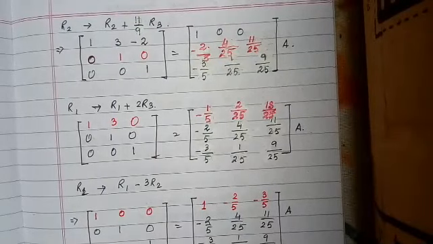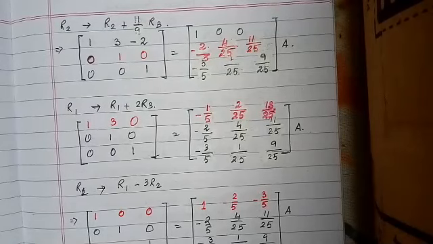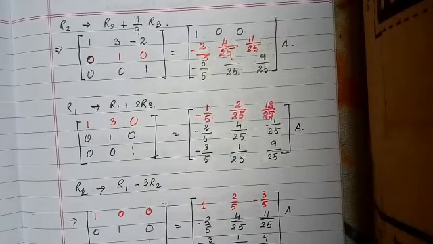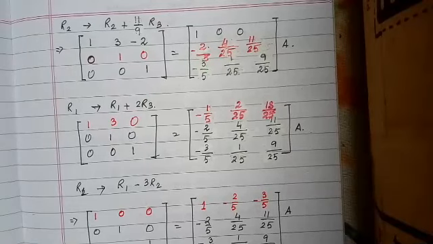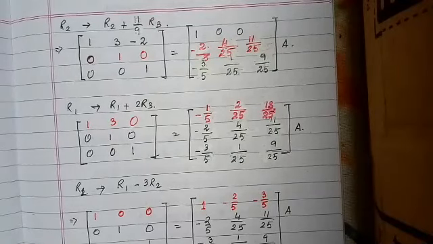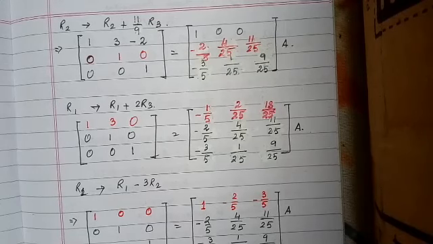Now for the next operations. Next we have to convert minus 11 by 9 in the second row to 0. How is it possible?